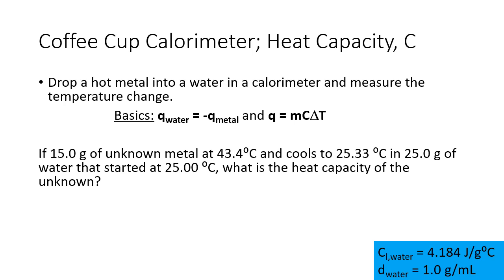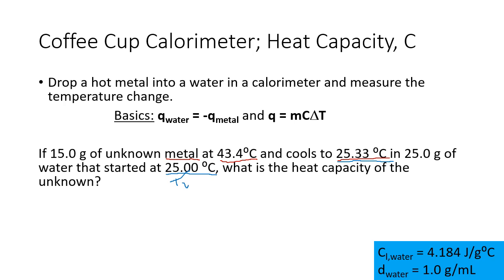The first thing we need to know is what our energy differences are. So for our metal, make the metal red because it started out hot. It went from 43.4 down to 25.33. And for our water, we'll make that blue because water's usually blue. We went from 25 to 25.33. So this is the initial temperature.